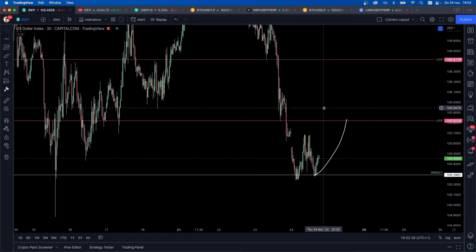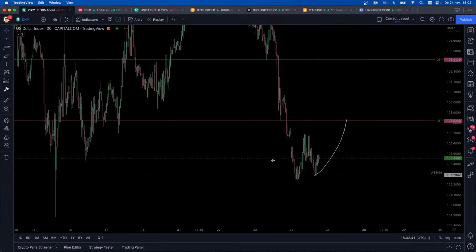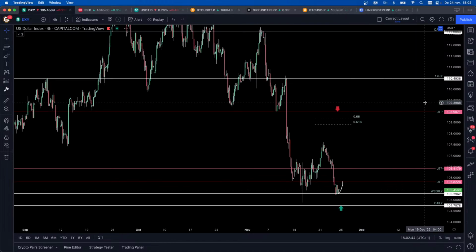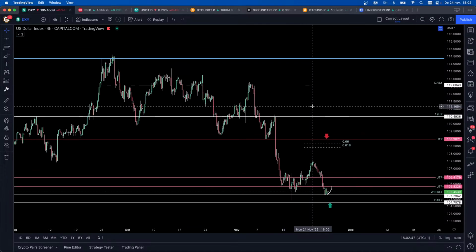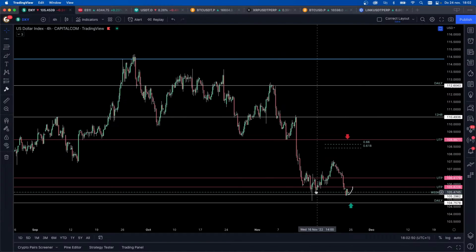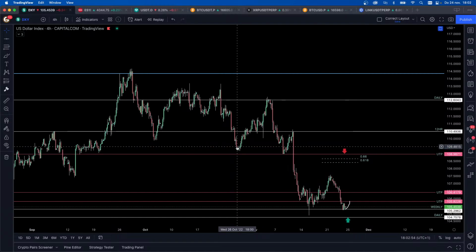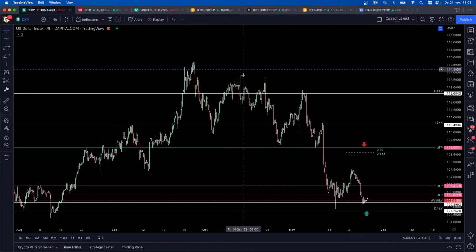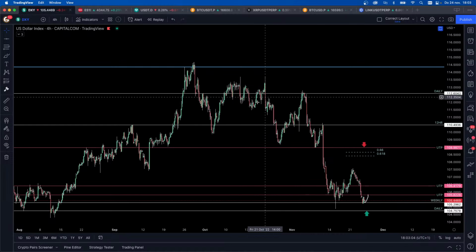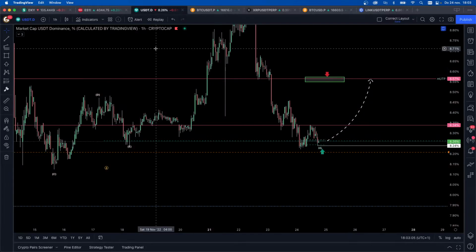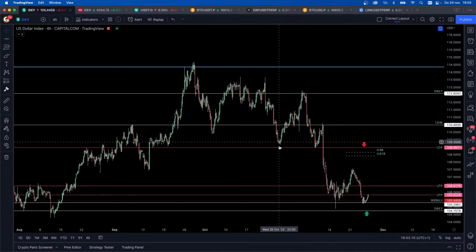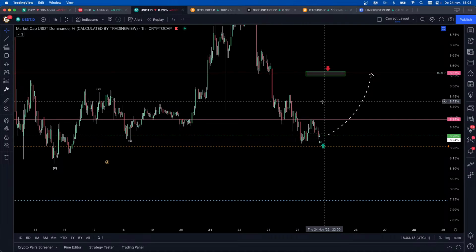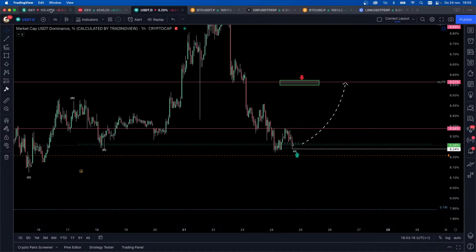But like the dollar previously, it was very difficult to find that bottom, and it actually bottomed out at a weekly level. I had somewhat the same feeling about the dollar back here, and now for USDT, I think we should be careful with USDT falling as well.